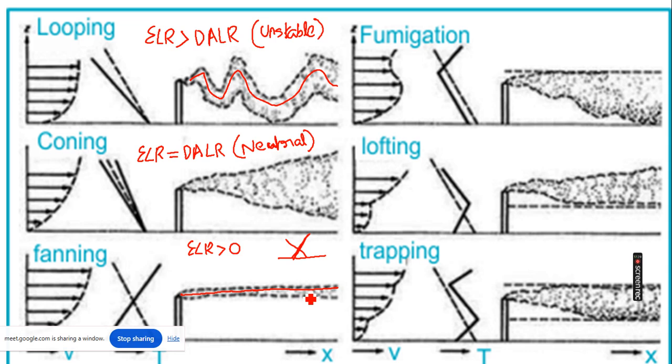This basically represents a highly stable condition, during which the movement of the plume is highly restricted. So it will move in the wind direction, in a small channel instead of dispersing vertically upward or down. So that is the third one, fanning. The atmosphere is highly stable.